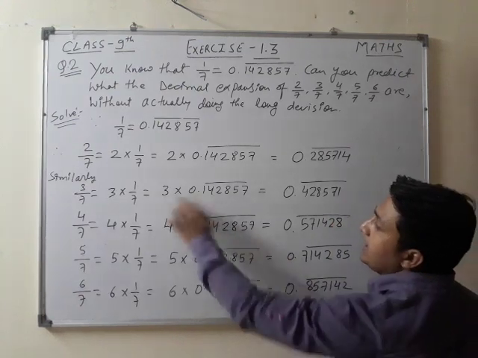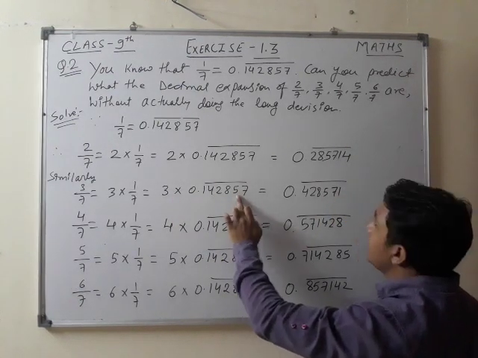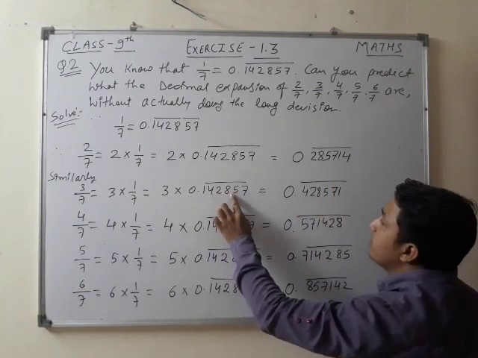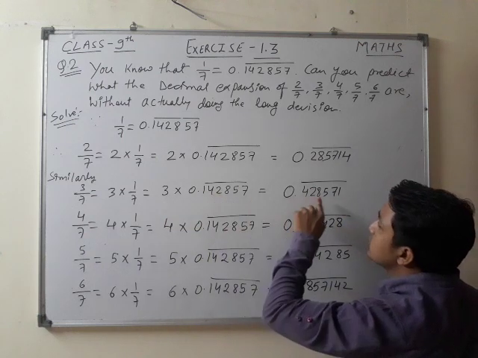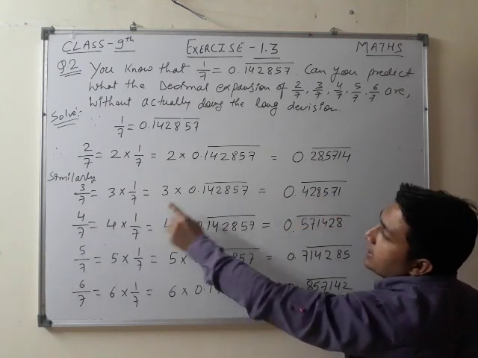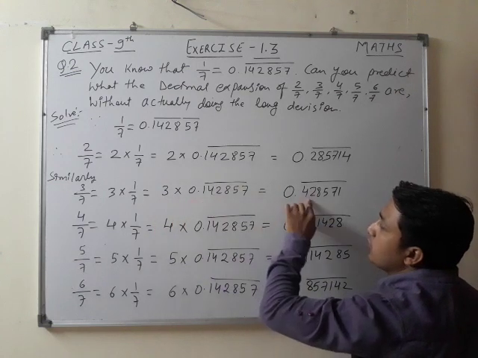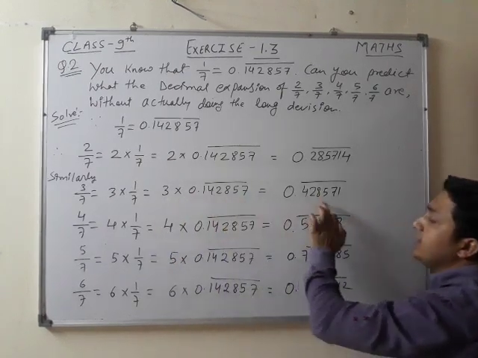How do you multiply? 3 sevens are 21, carry 2. 3 fives are 15, 15 plus 2 is 17, carry 1. 3 eights are 24 plus 1 is 25, carry 2. 3 twos are 6 plus 2 is 8. Again 3 fours are 12, carry 1. 3 ones are 3 plus 1 is 4. Like this you can multiply 3 into this value and you will get this value.